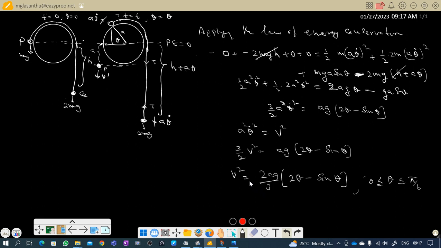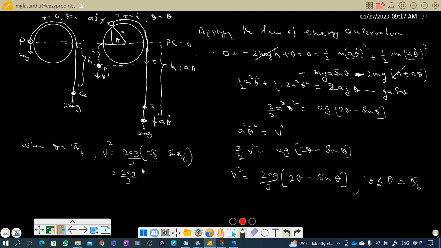When theta equals pi by 6, you can find v. What is v? v squared is equal to 2ag by 3 times 2 pi by 3 minus sin pi by 6.